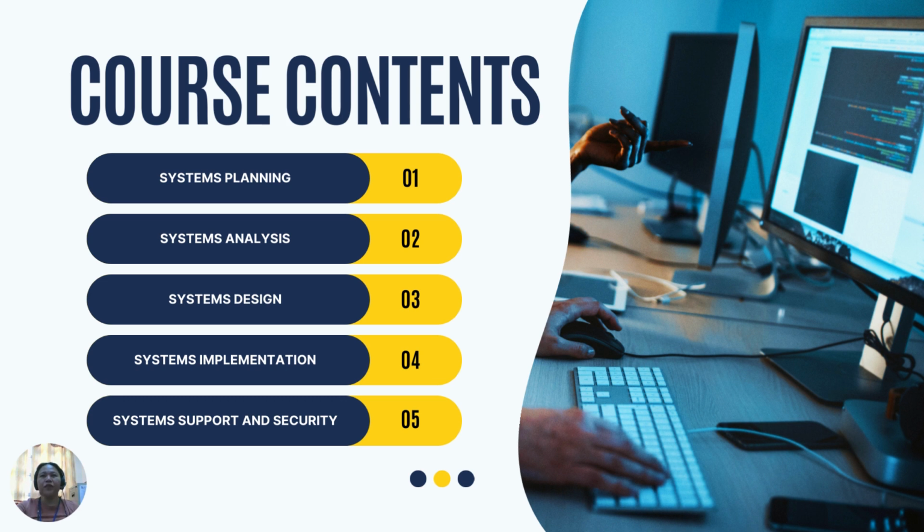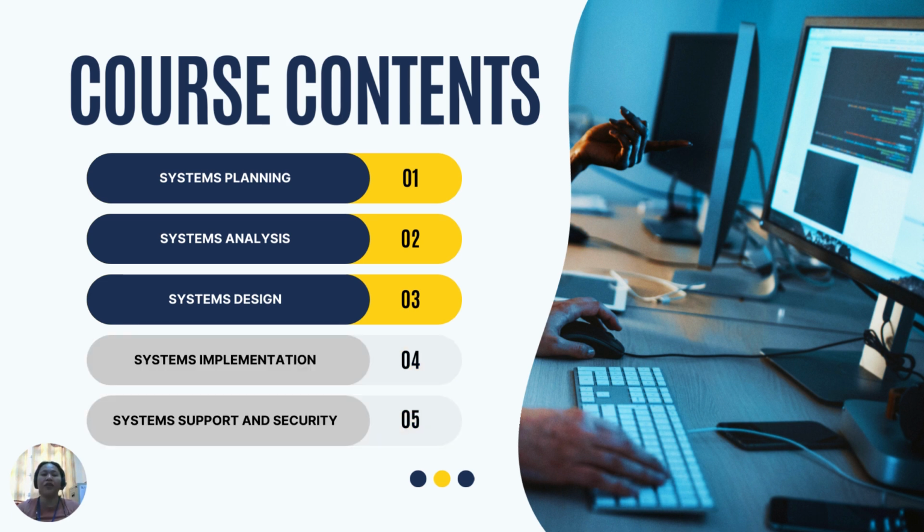Since you will be having 2 capstone projects for the succeeding semesters, we can cover the other phases in those subjects. So for this subject, we will focus on the first 3 or even first 2 phases. If you still have enough time, we will also cover systems design. But if we do not have enough time, we will only cover systems planning and systems analysis.